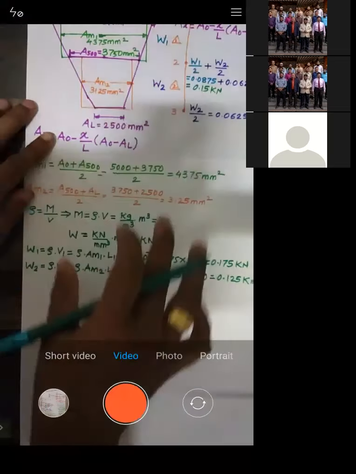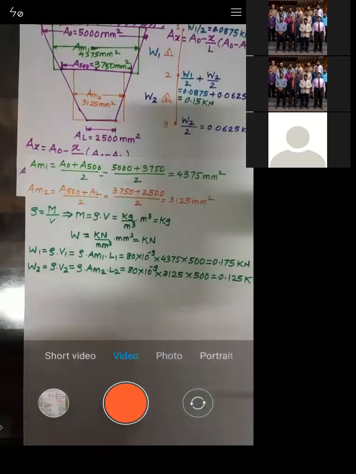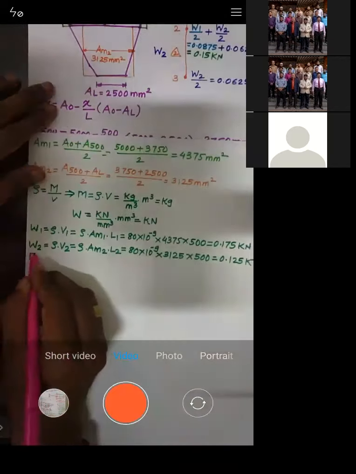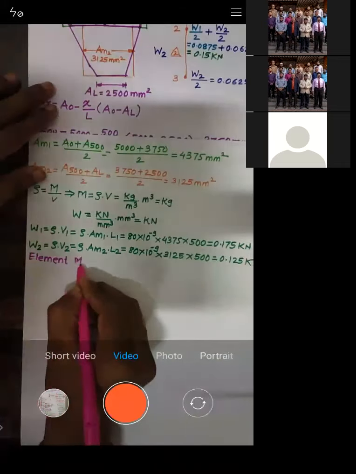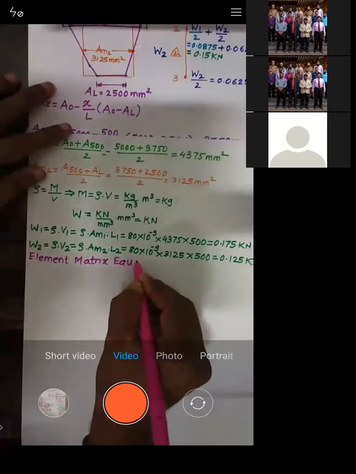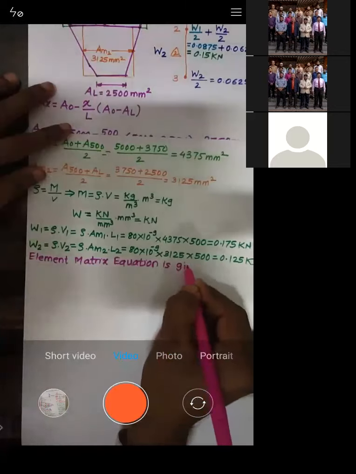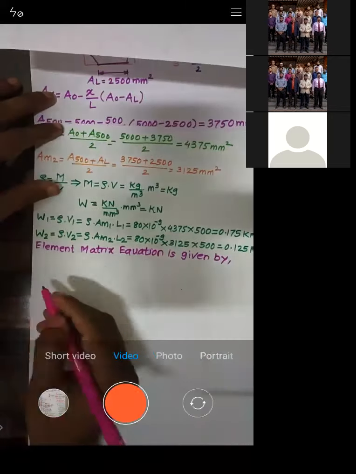So from this, now we are shifting to our FEA procedure. For that, we need to write down the element matrix equation, that is EME.